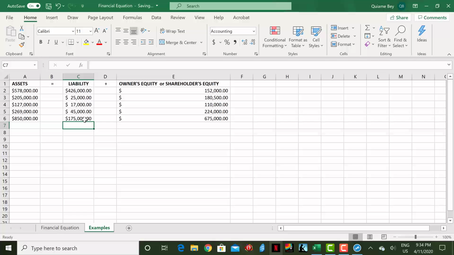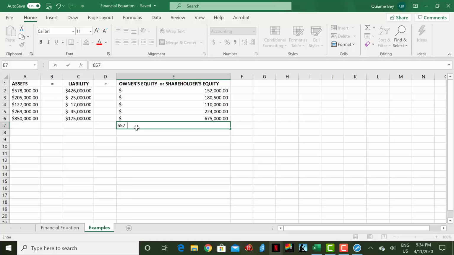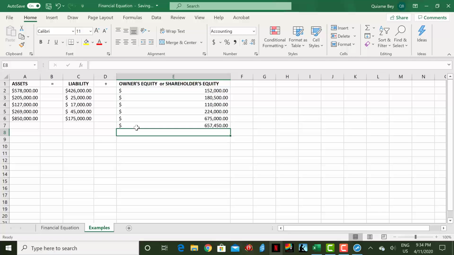Final example. Strong Fizzies Inc. must present a financial statement as an annual report to the shareholders. What is known is that the shareholders' equity is currently valued at $657,450. What is also known is that the company's liability is currently valued at $250,000.